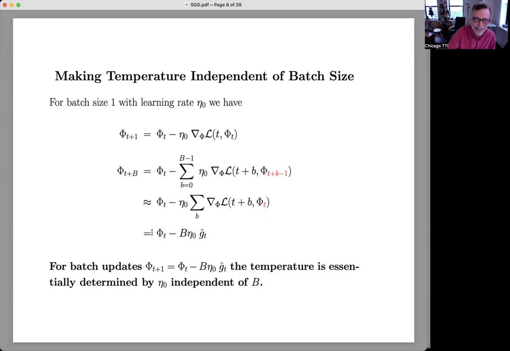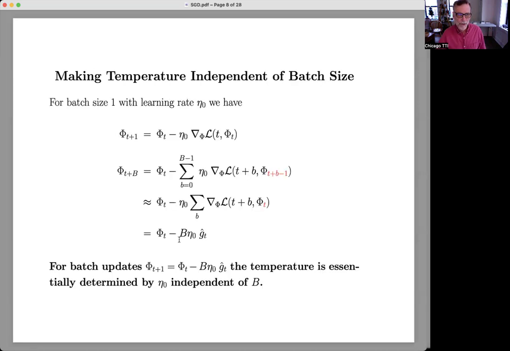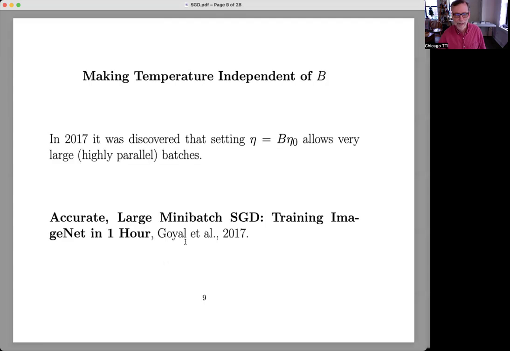This now runs at a temperature determined by eta 0, independent of the batch size, right? So note that the update we're using here is B times eta 0.